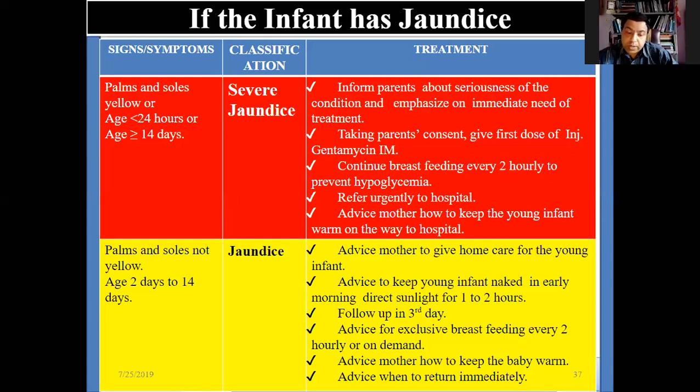Jaundice, yellow zone. Okay, palms and soles not yellow, and age 2 days to 14 days, second day to 14th day. This may be physiological jaundice. So you need to advise mother to give home care for young infants. Advise to keep young infants naked in early morning, in direct sunlight for 1 to 2 hours.